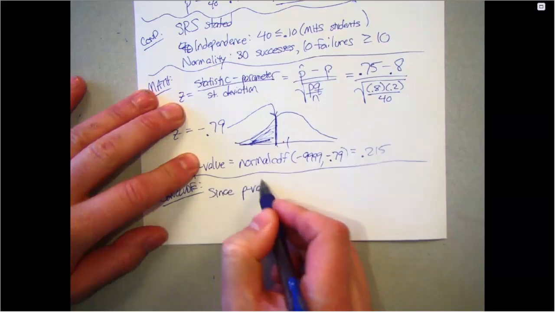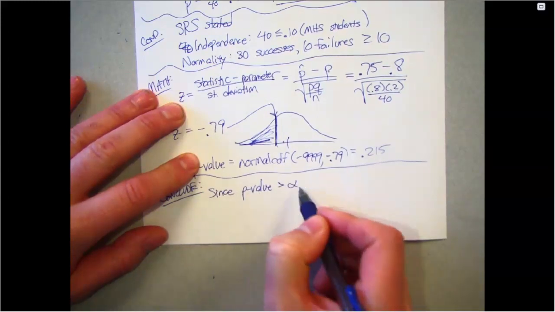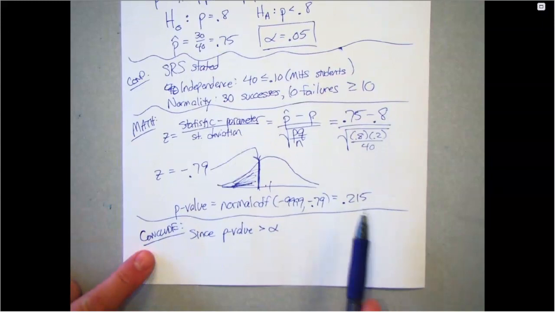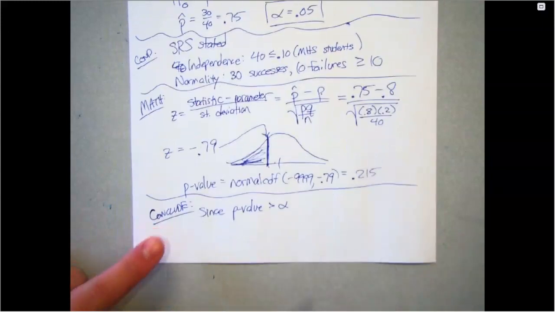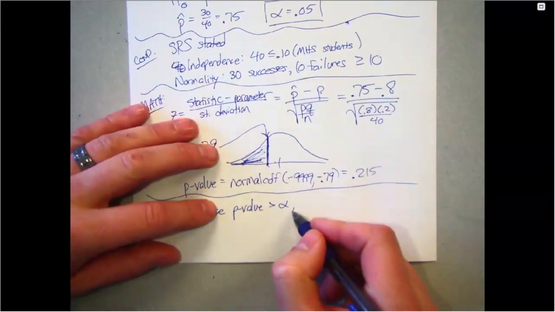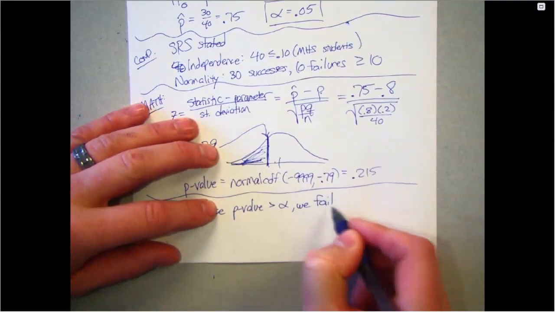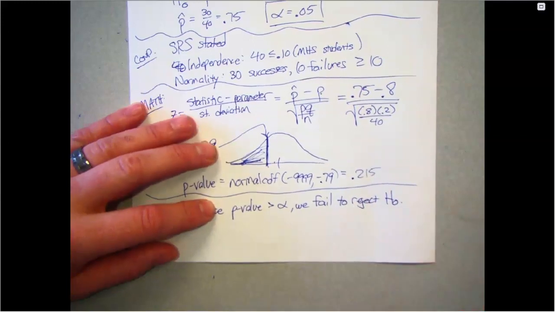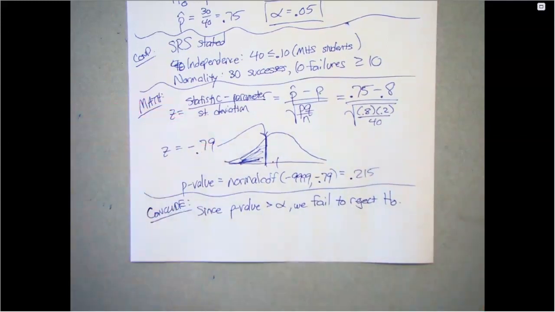So since the p-value is greater than alpha, it's the opposite of the last one we did, right? When the p-value is greater, then we cannot call them a liar. So we're going to say we fail to reject H0. That's like you filed a lawsuit and lost. Like, I tried to sue you, but I failed to win.